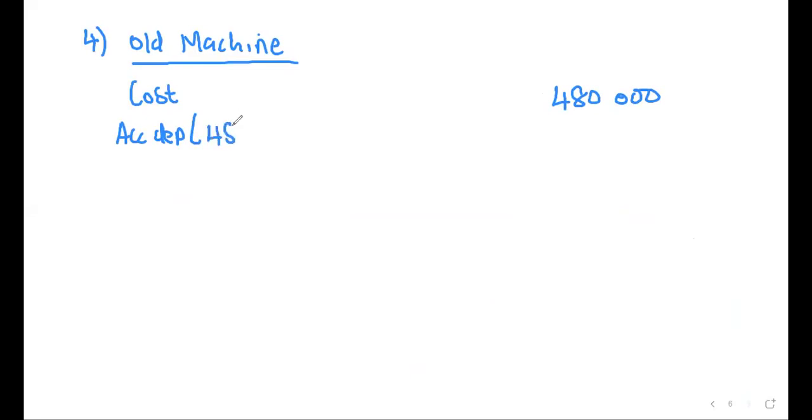So it's going to be 480,000 over 5 years, you convert to months, it becomes 60, times 21. That's the depreciation from when the asset was acquired until the end of the previous financial year. So how much are we going to have as our depreciation there? 168,000.